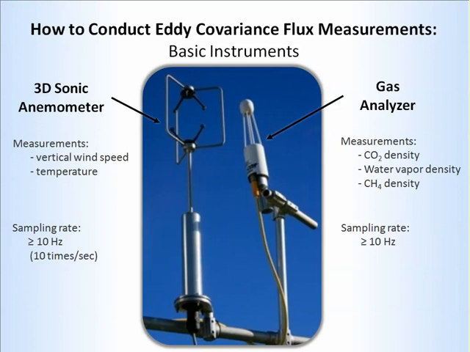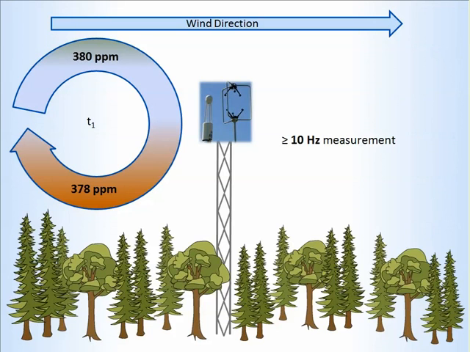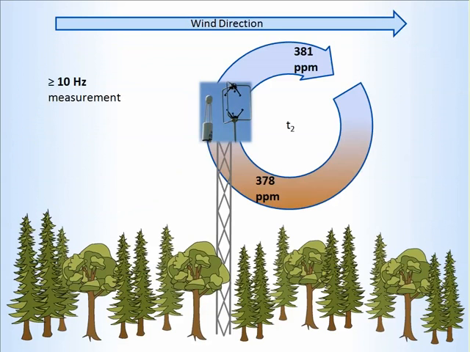To demonstrate why we need the high-speed instruments, let's see a quick animation. Imagine an eddy traveling along the wind direction at time 1. At this time, when the instrument takes measurements, the eddy is away from the tower. Because this tower has a 10 Hz sampling rate of 1/10 of a second, when the instruments take the next measurements, the eddy will have reached the tower and be measured.